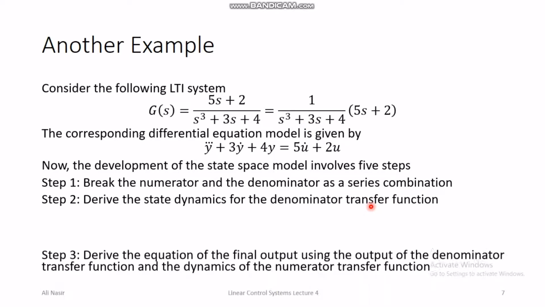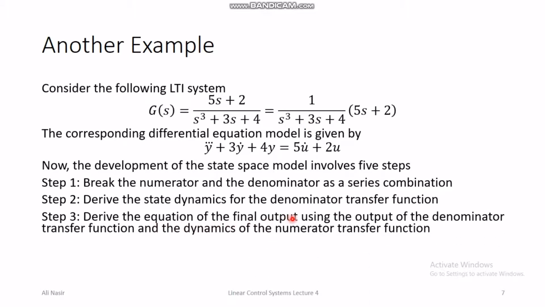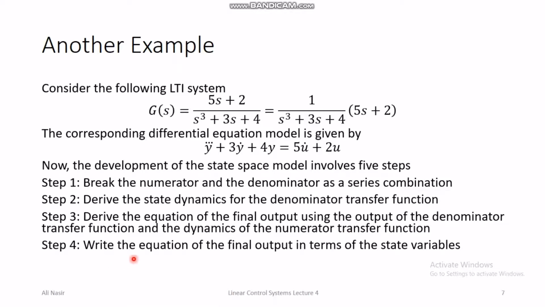And step 3, derive the equation of the final output using the output of the denominator transfer function and the dynamics of the numerator transfer function. This will be more clear after we actually do the example. And step 4 is write the equation of the final output in terms of state variables, and then write the model in the matrix form. So let us see how we execute these steps.